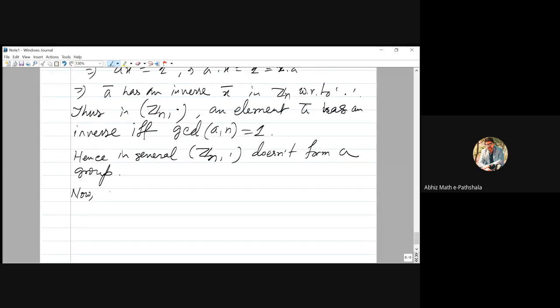Now suppose we consider Zn minus 0 class. And the question is, does it form a group with respect to dot?